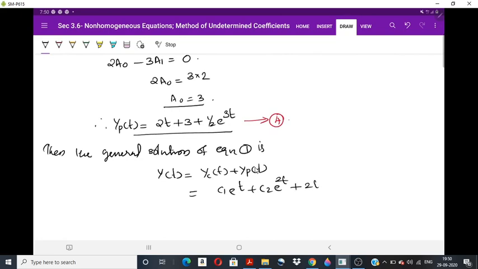What is yp? It is given by equation number 4, that is 2t plus 3 plus half e raised to 3t. So this is the solution of the given equation.